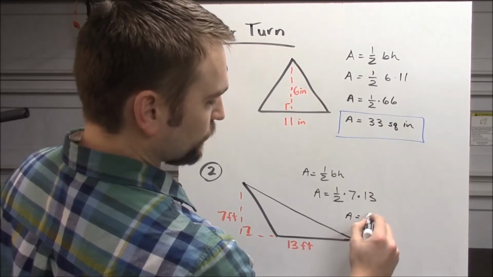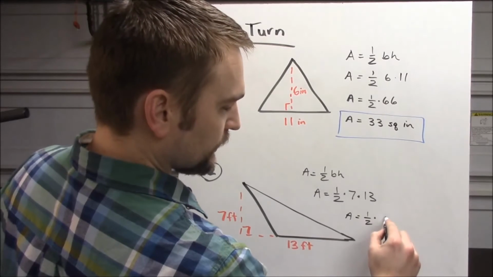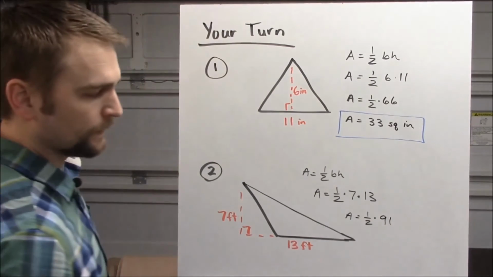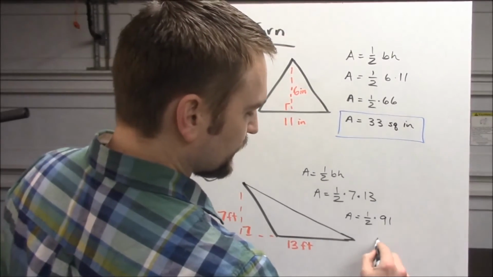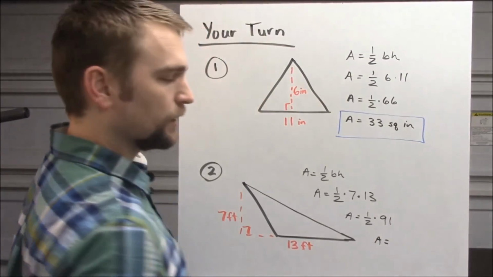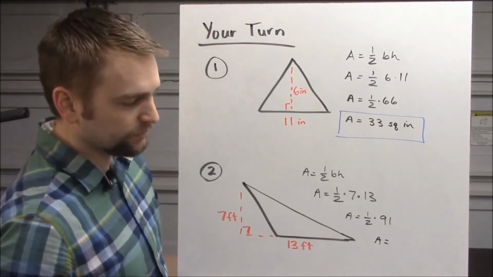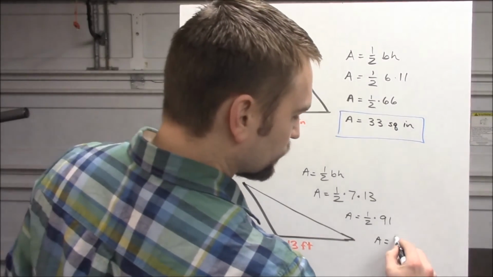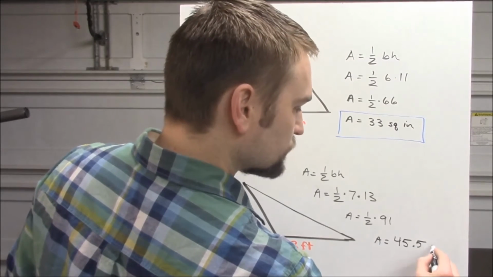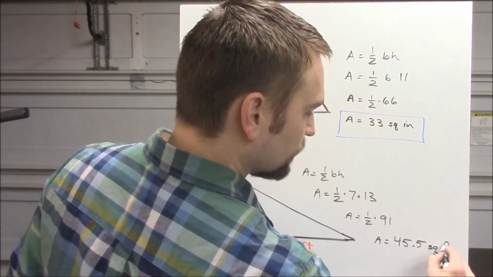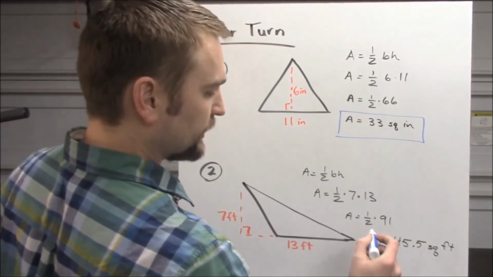So the area equals 1/2 times 91. So 70 plus 21 is 91. And then I know the area equals 91 divided by 2. Let's see, 90 divided by 2 would be 45. So the area equals 45.5 square feet.